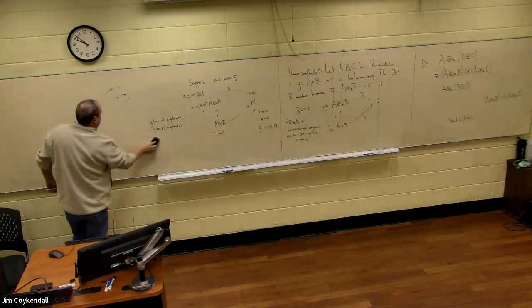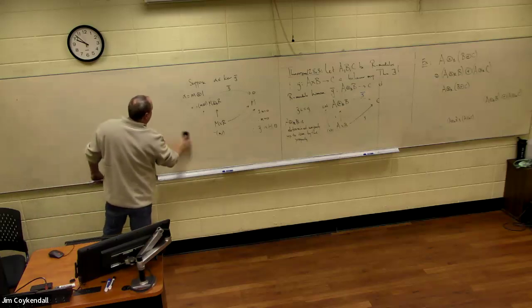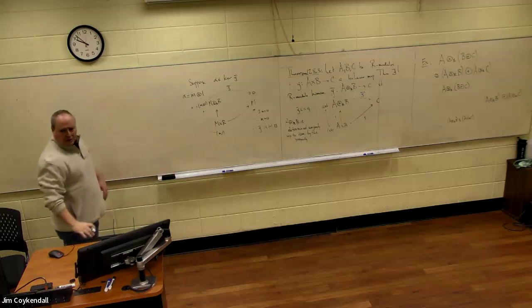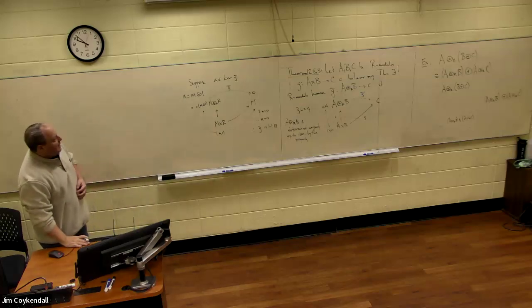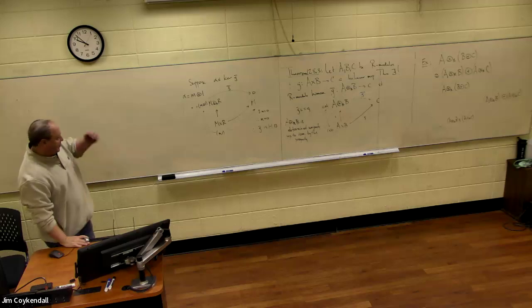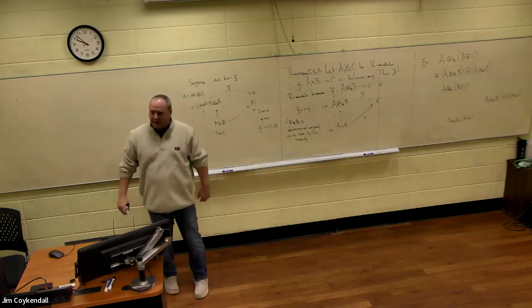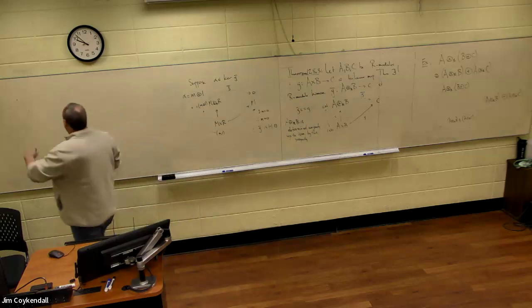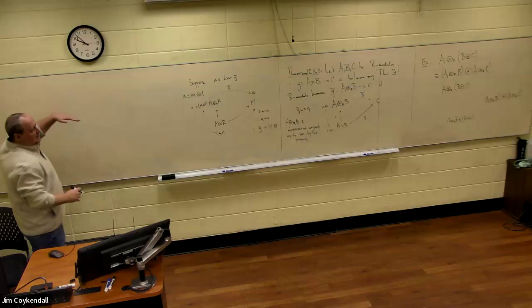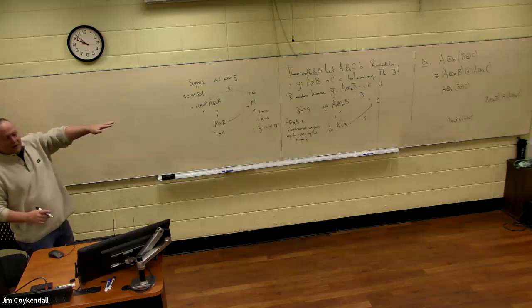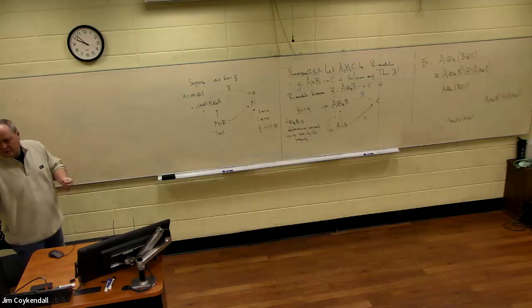It's a product. So it behaves well, it distributes across direct sum. And by the way, I didn't tell you this, but that works with any direct sum, not just the direct sum of two things.